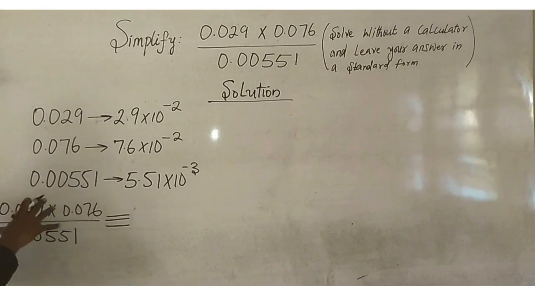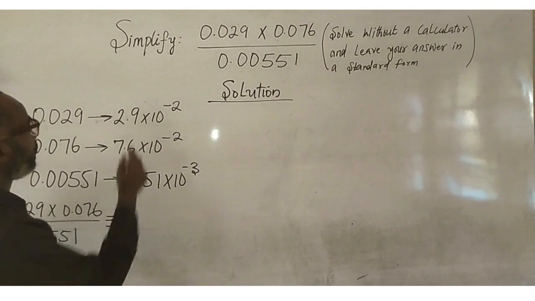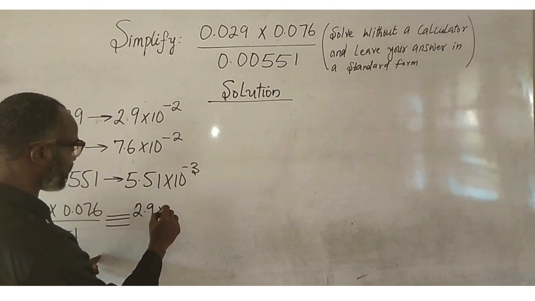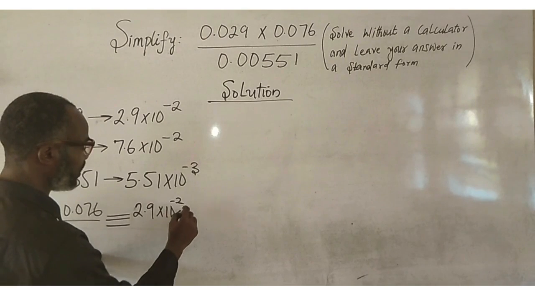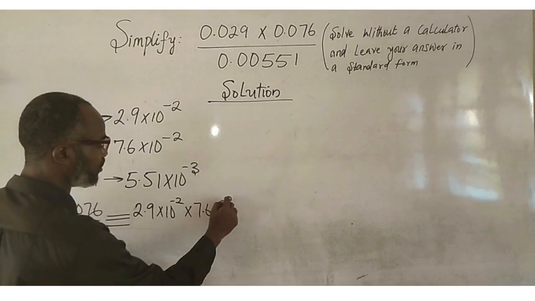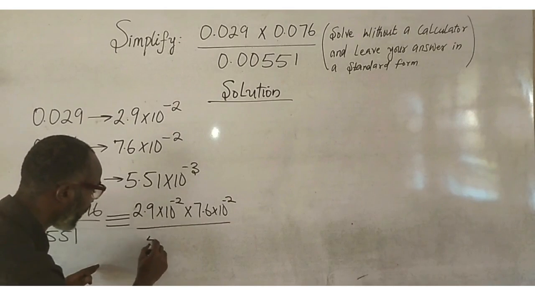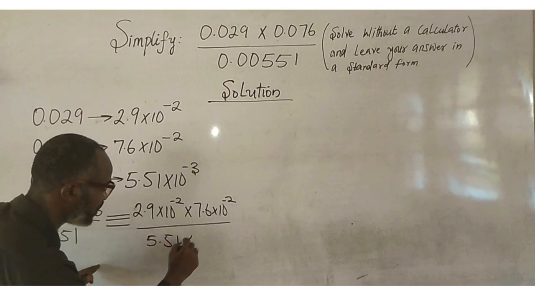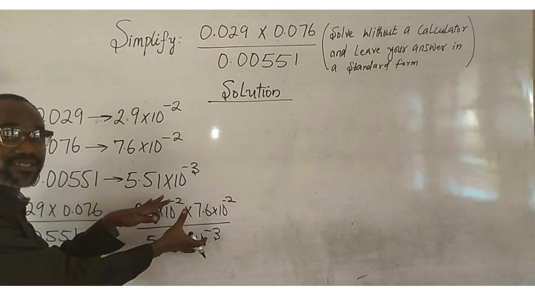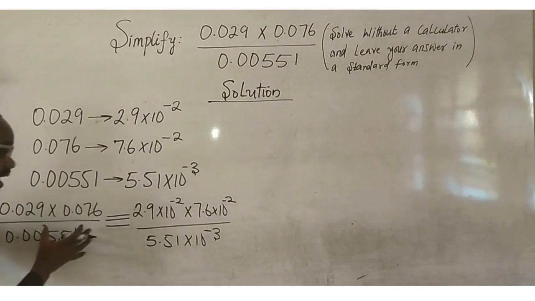This decimal fraction is equivalent to 2.9 times 10 minus 2 times 7.6 times 10 raised to the power minus 2 all over 5.51 times 10 raised to the power minus 3. So this, in standard form, is equivalent to this.